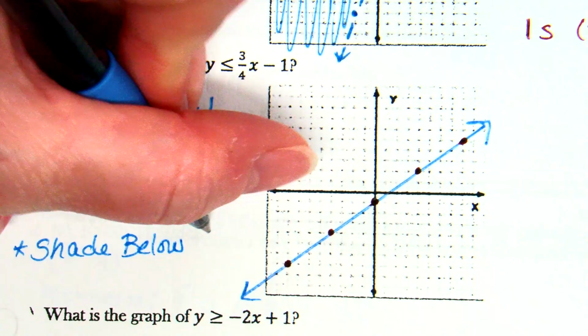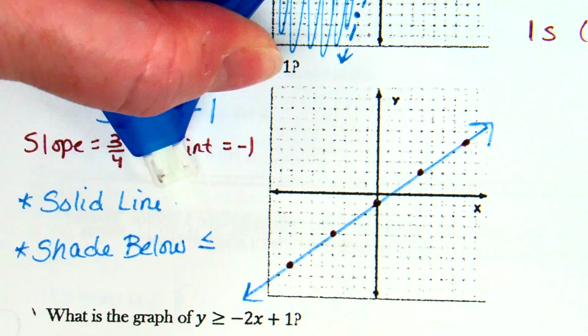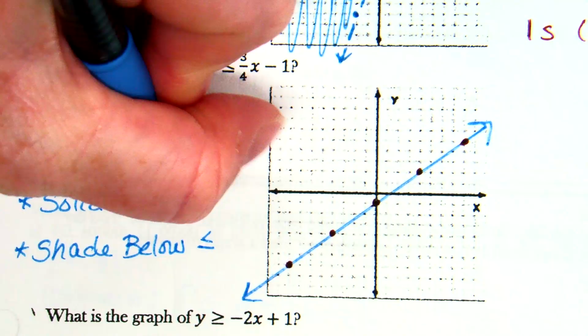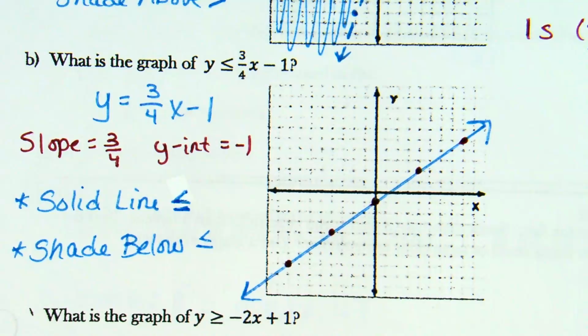Okay. We are shading below because it's a less than sign. Is below pretty obvious on this one?